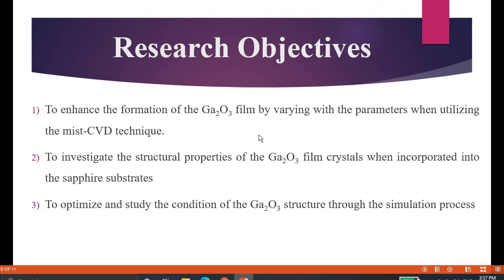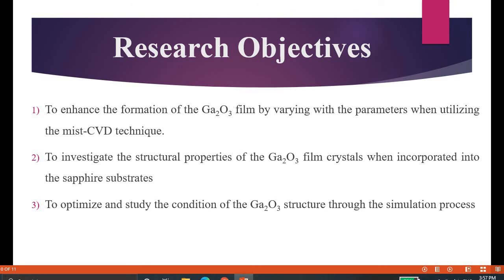I have three research objectives. These three objectives are very important for me to conduct the experiment so that I do not go far or go out of the topic. The first one is to enhance the formation of the gallium oxide thin film by varying the parameters when utilizing the mixed CVD technique.